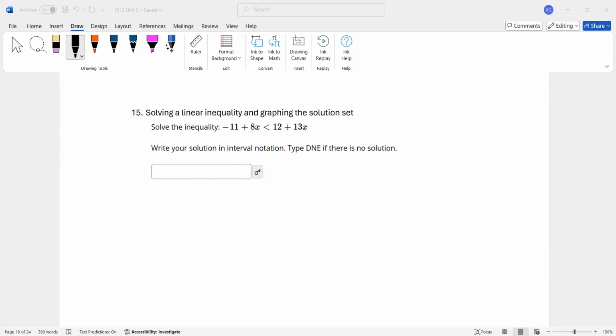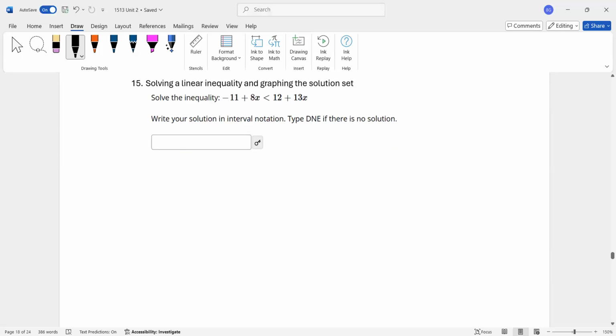Okay, let's continue. So the first problem, question number 15 here, we are looking at an inequality. We know it's an inequality because it has one of the inequality symbols. Just let me spend a little time here. Inequality symbols.